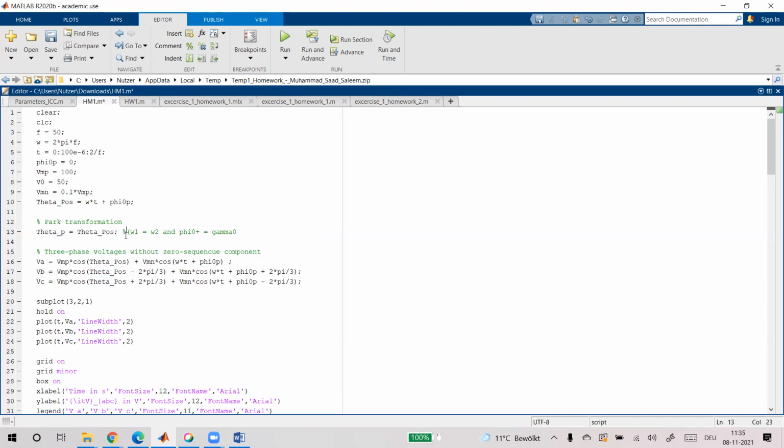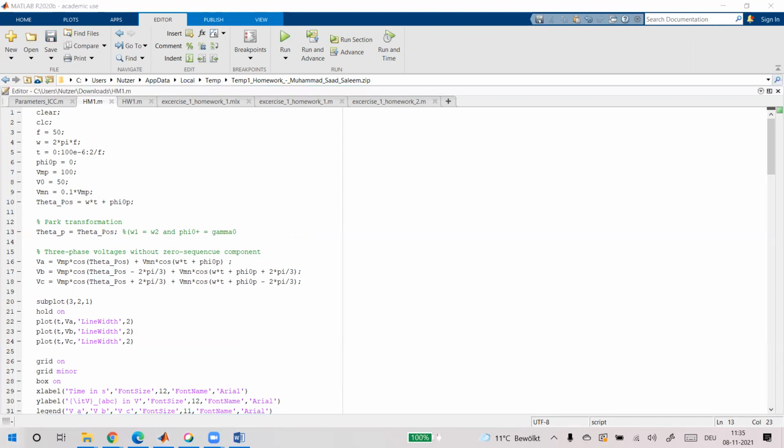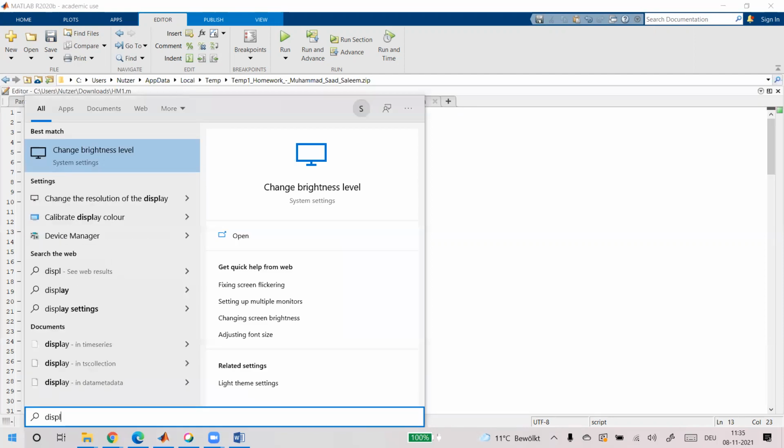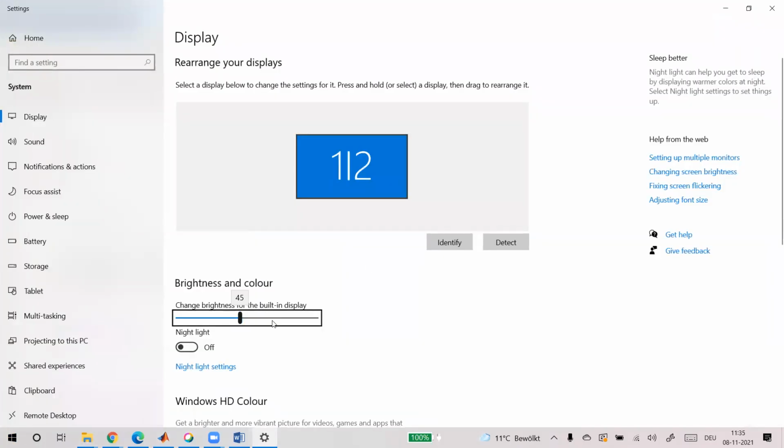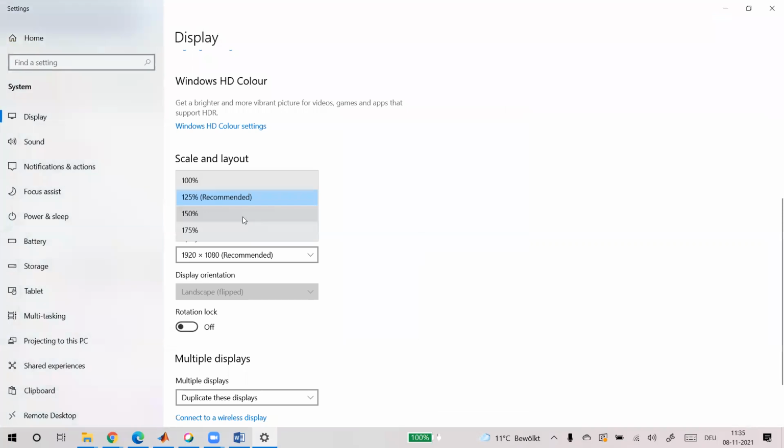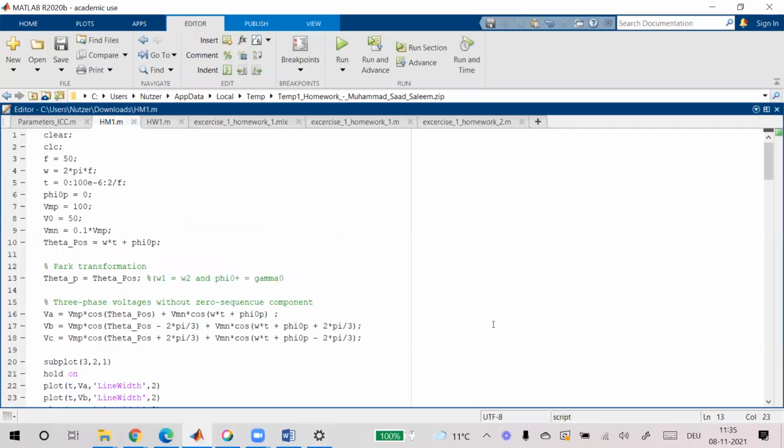And I think it's not very visible, so what I do is I change the display setting. Is it more clear? It is better than previous.